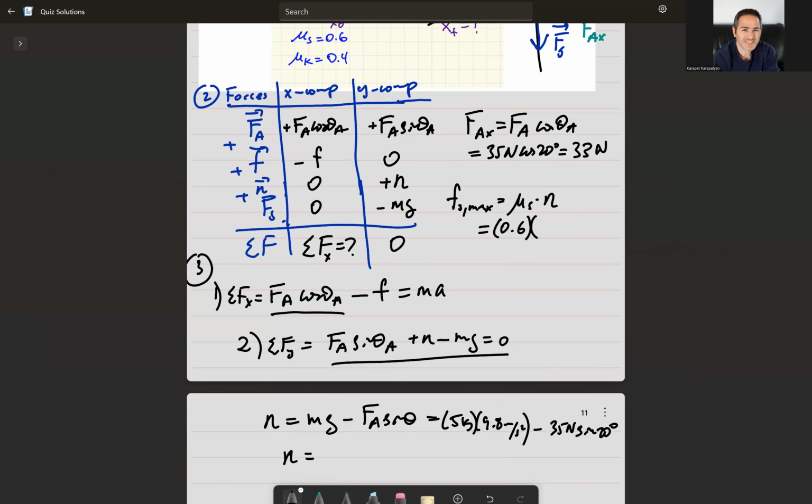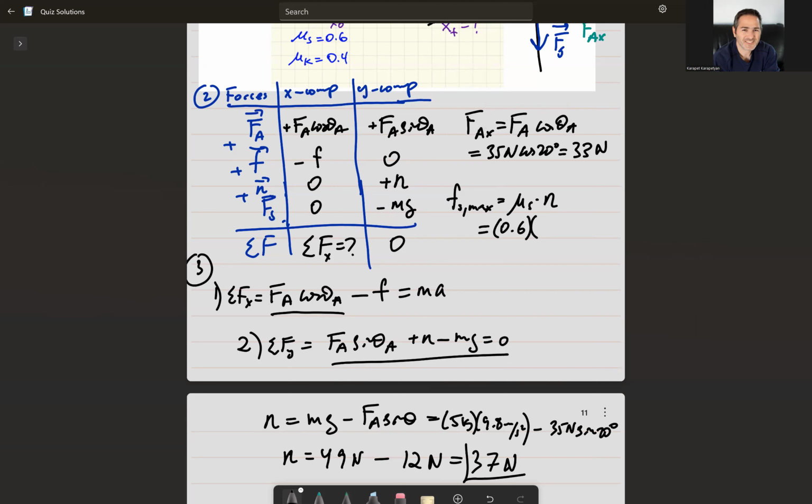Okay, so the normal force is equal to 5 times 9.8, which is 49 newtons, minus 35 times sine of 20. This is about 12 newtons.